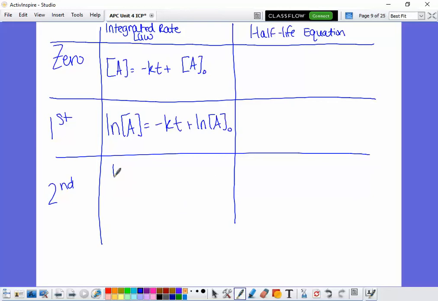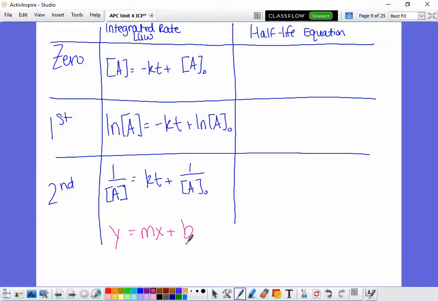And for second order, the integrated rate law looks like this. All three of these equations are in y equals mx plus b format.